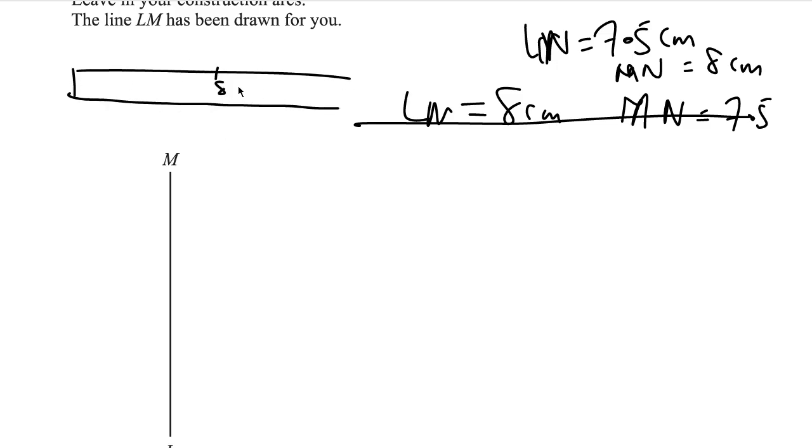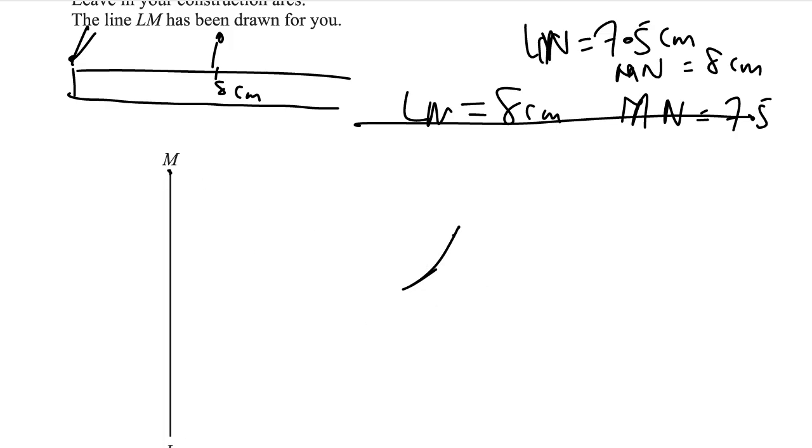Then the tip of the compass is here, and the other part is here. You place the tip at point M, and then you make an arc through that distance, and that corresponds to the 8 cm.